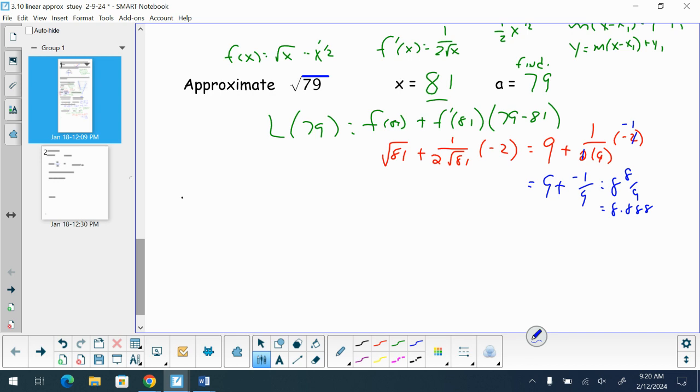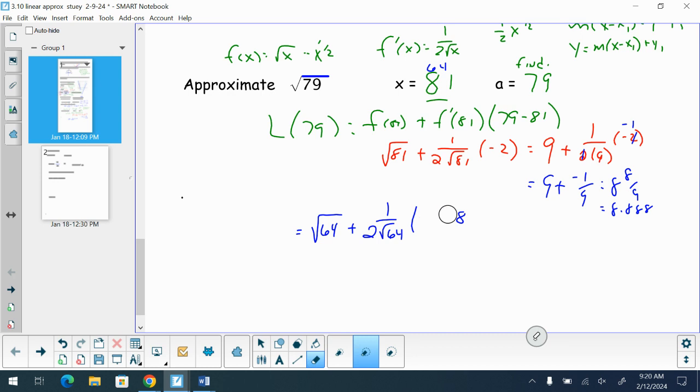Suppose you use the value of 64. Say x was 64. So what this turns into is square root of 64 plus 1 over 2 square root of 64, times 79 minus 64.